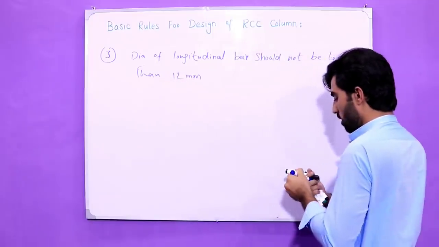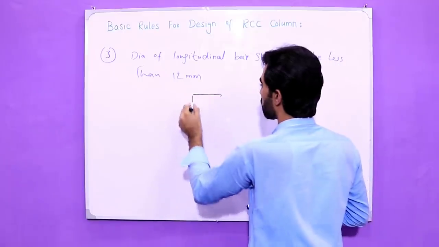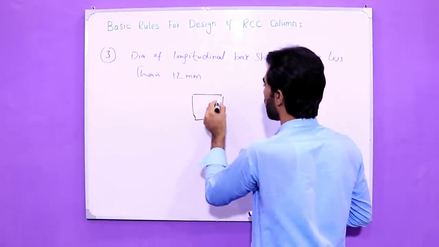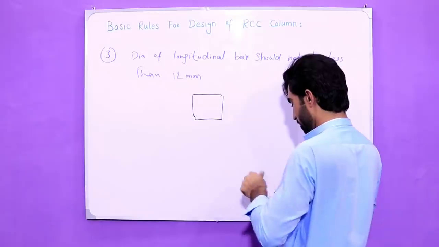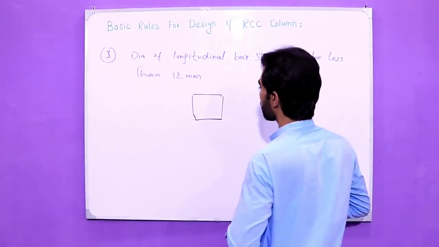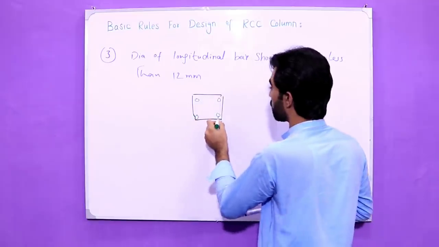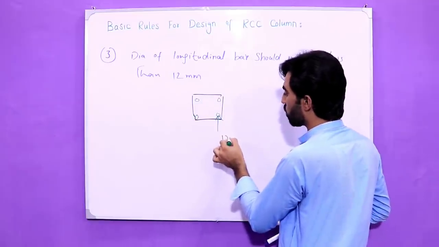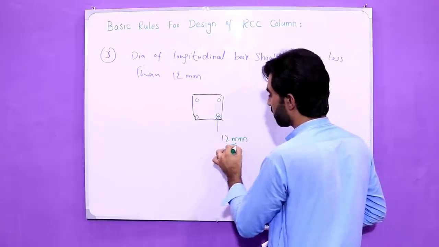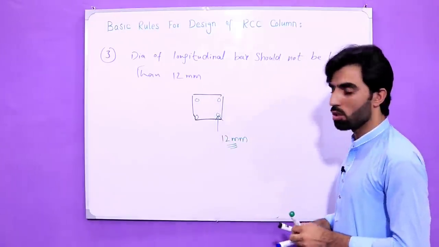You can see this is a column, and the diameter of longitudinal bar should not be less than 12 millimeter. This is the third rule.